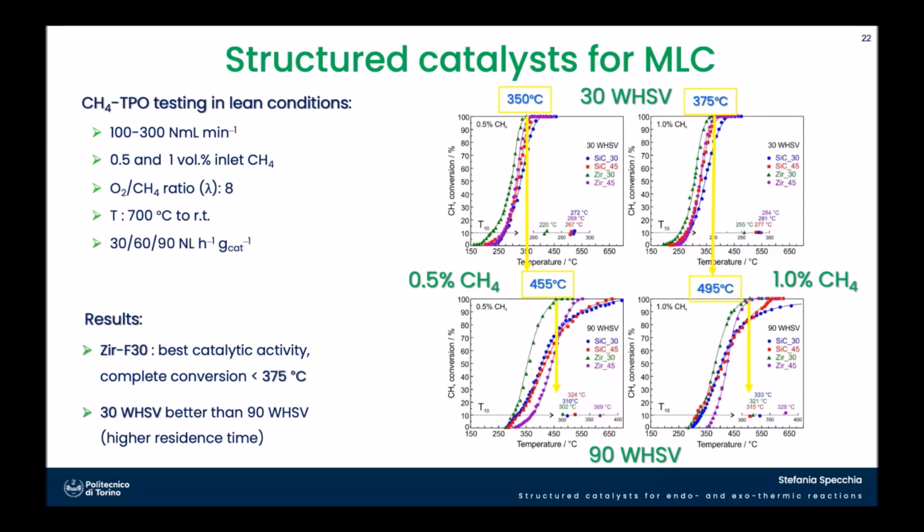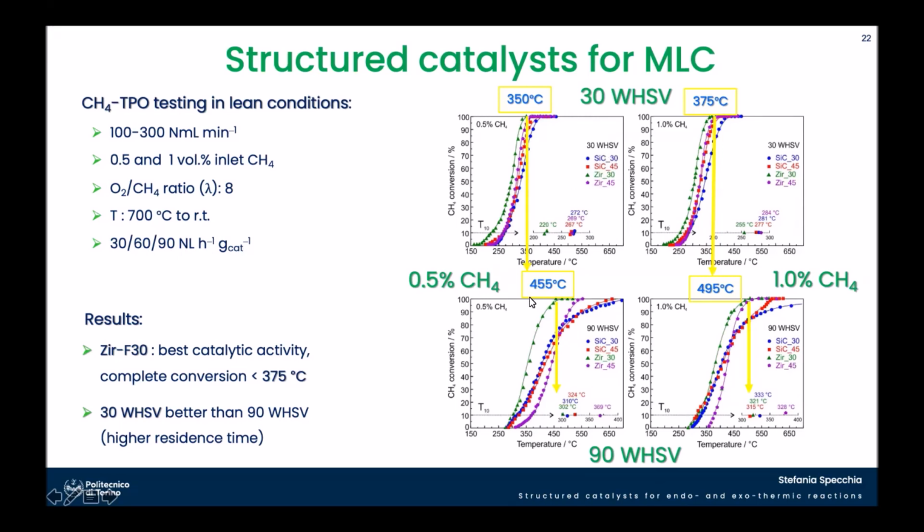So here you can see the test, and we made it at different velocities, 30 or 90 normal liters per hour per gram of catalyst. Here we were focusing the attention only on the SiC and zirconia.